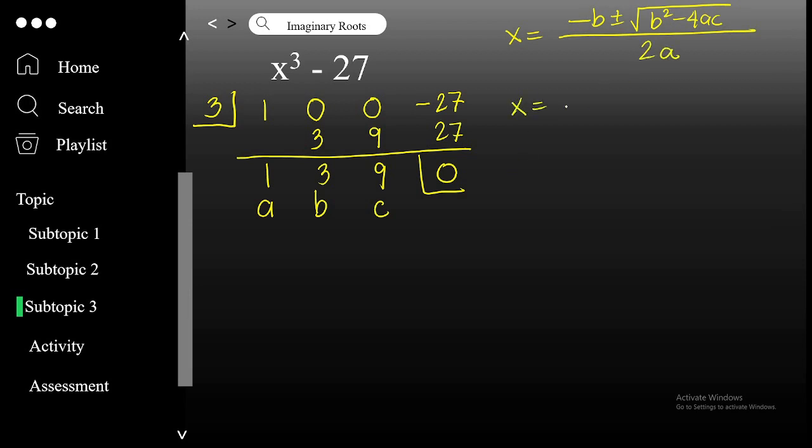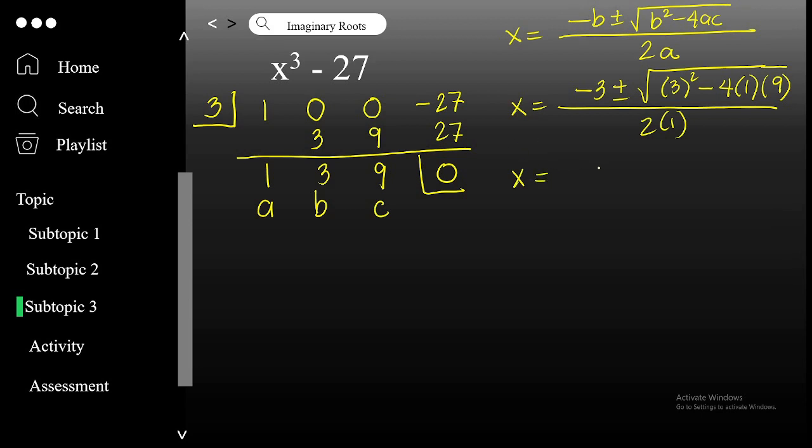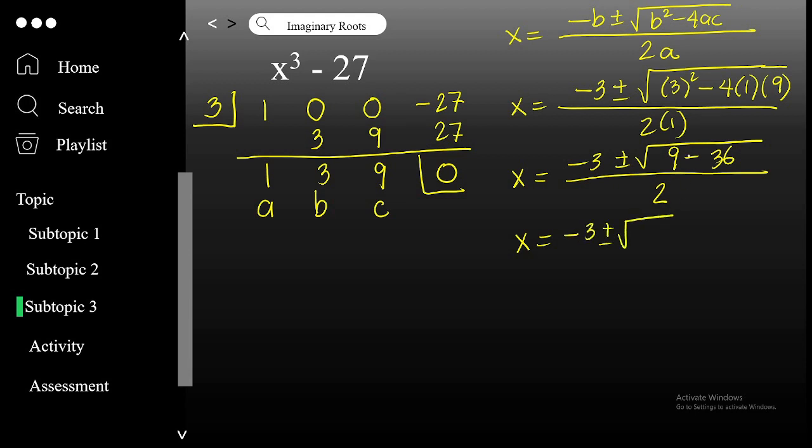Now, x is equal to negative b, that's negative 3, plus minus the square root of b squared, that's 3 squared, minus 4ac, 4 times 1 times 9, all over 2 times 1. So let's multiply and simplify the exponents. You have negative 3 plus minus the square root of 3 squared is 9, minus 4 times 1 times 9, that's 36, all over 2. So we have negative 3 plus minus the square root of negative 27 all over 2.